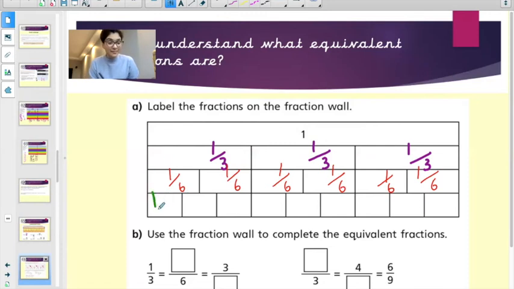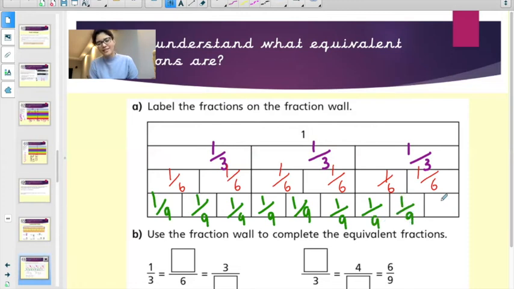So that means this is a 9th, this is also a 9th, this is also a 9th, and you keep going as follows. So we have just created a lovely fraction wall. I wonder if you can create a neater one than mine. I'm positive that you can.